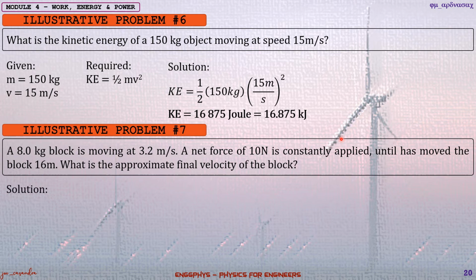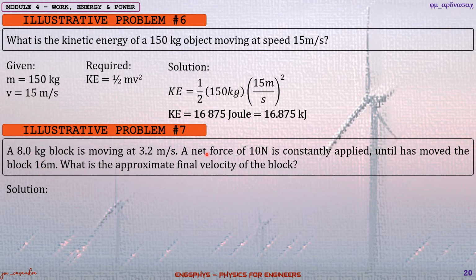So in this problem, we are given the mass of the object and its velocity. Therefore, we could apply our kinetic energy. Aside from that, we are also given our net force and a distance or a displacement.